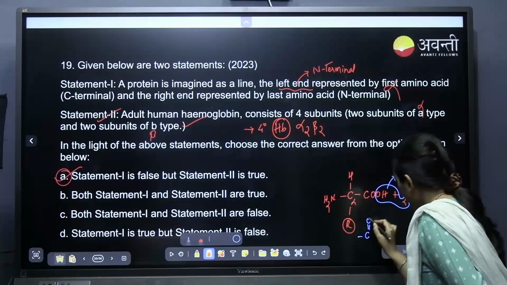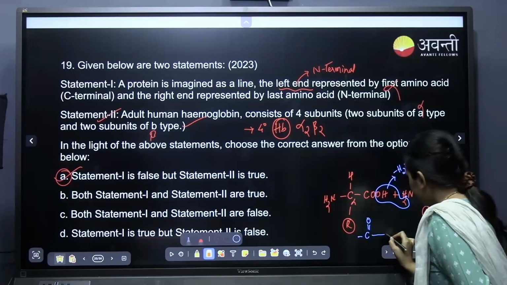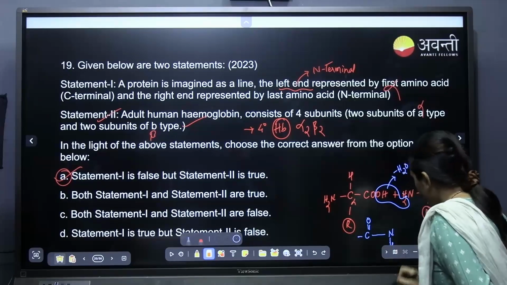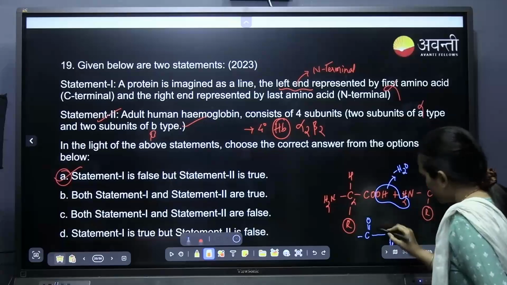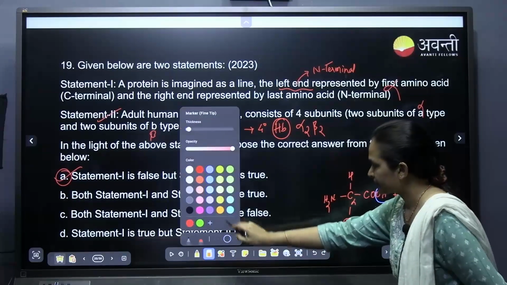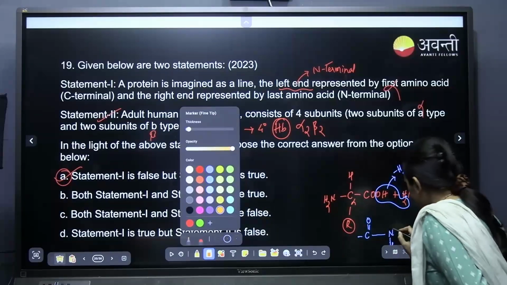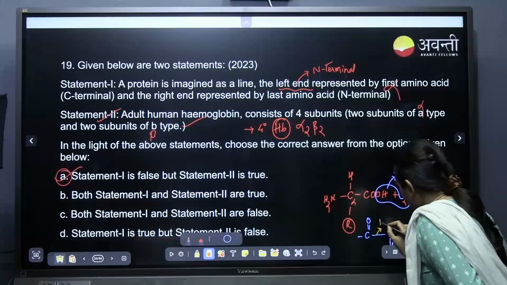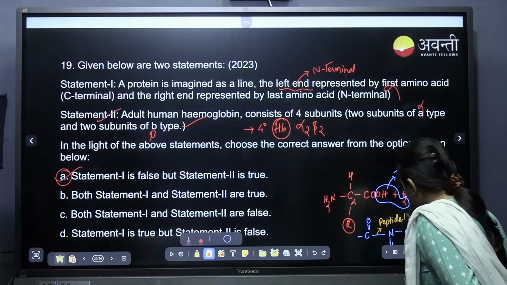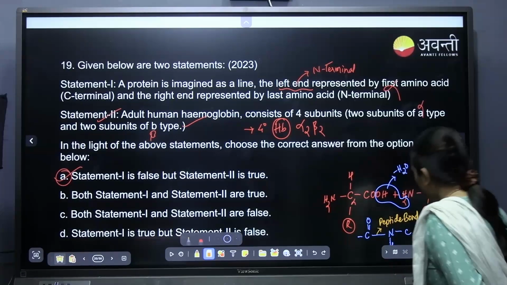C double bond O will be formed with this, and this is the peptide bond. With the N, there is H formed here. So this particular thing here is the peptide bond.